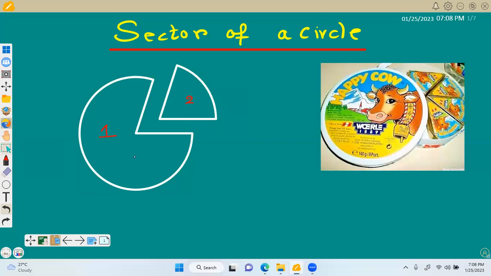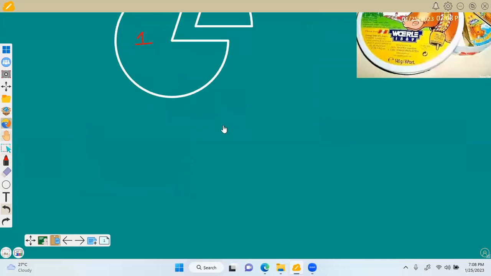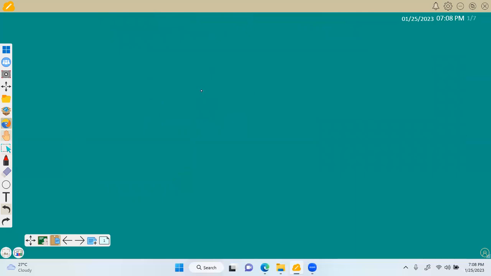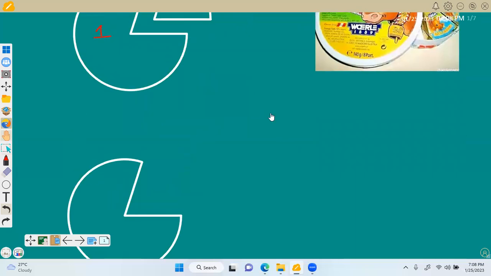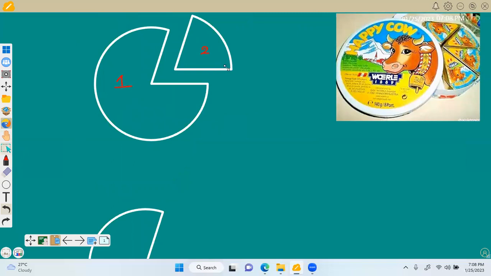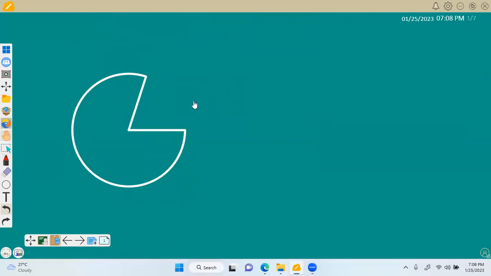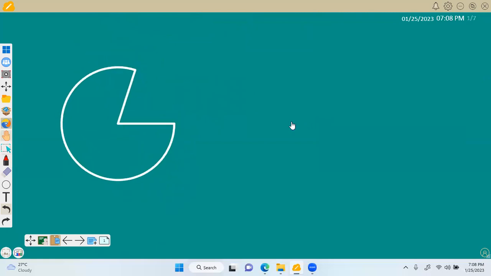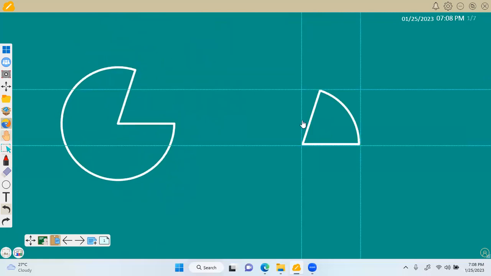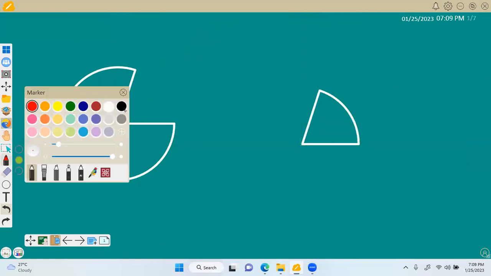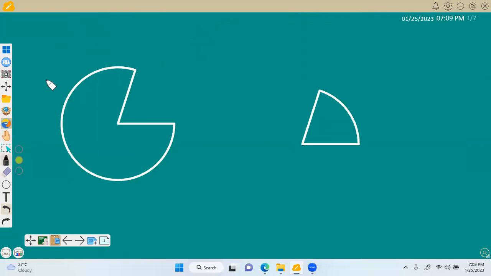Okay, and if we consider it separately, like this, then this is the large sector and this is the small sector.